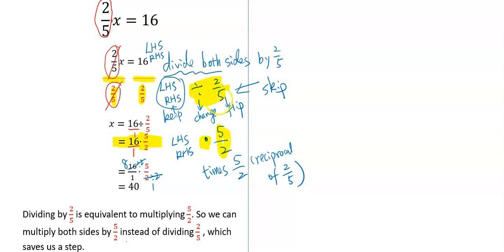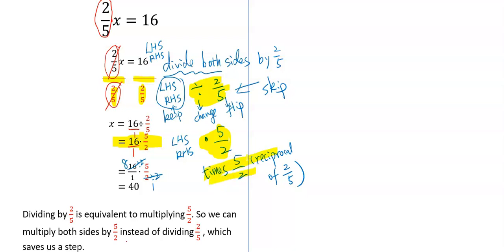They're equivalent, so why don't we do multiplication? Because multiplication is quicker than division. So instead of dividing by 2/5, we could just multiply by 5/2.